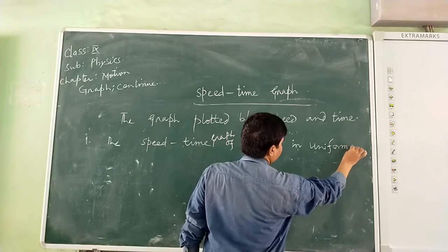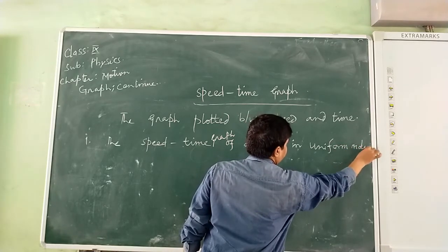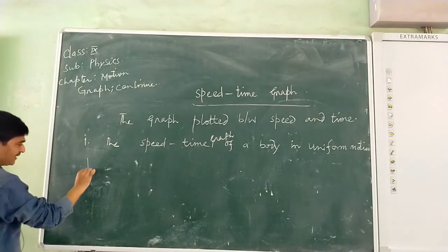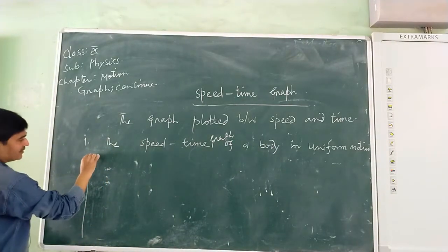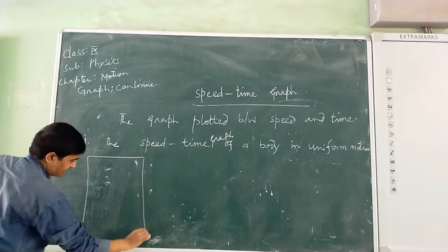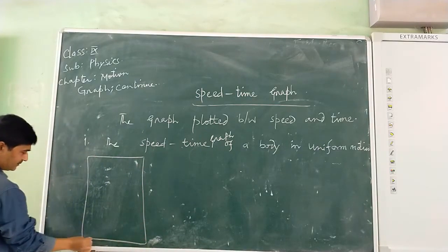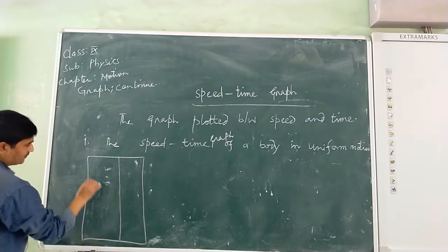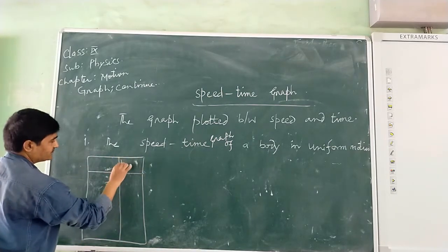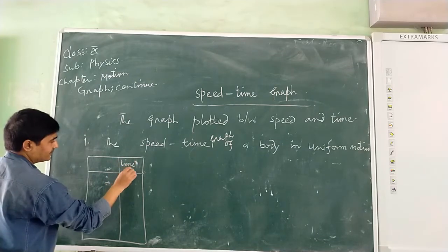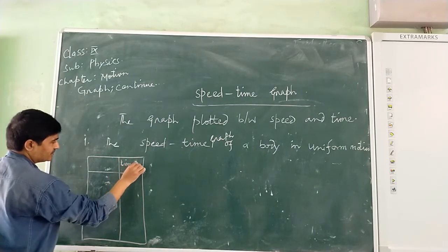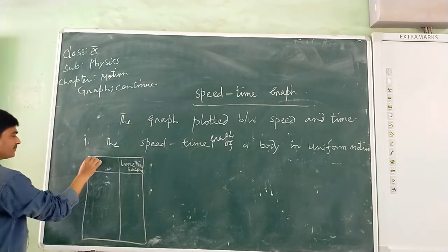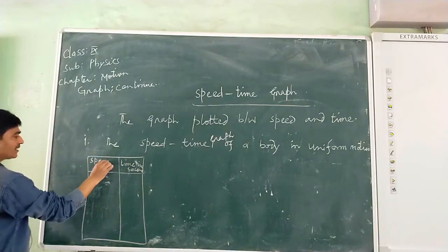At first, we will form a timetable. In the timetable representing a speed time graph, there are two parts: one, time in second, and the other, speed in meter per second.